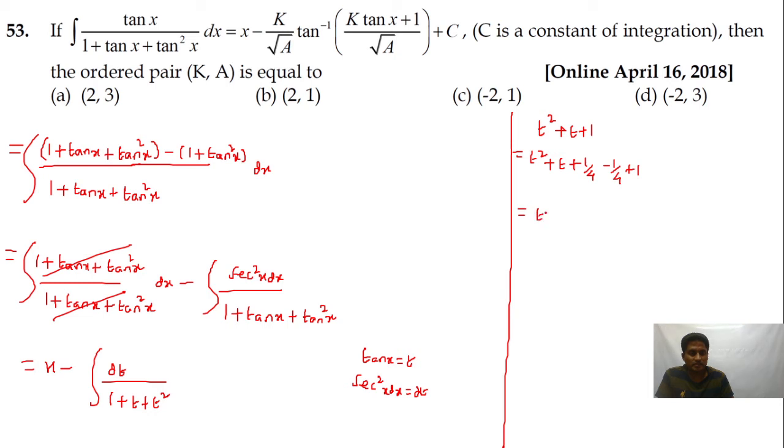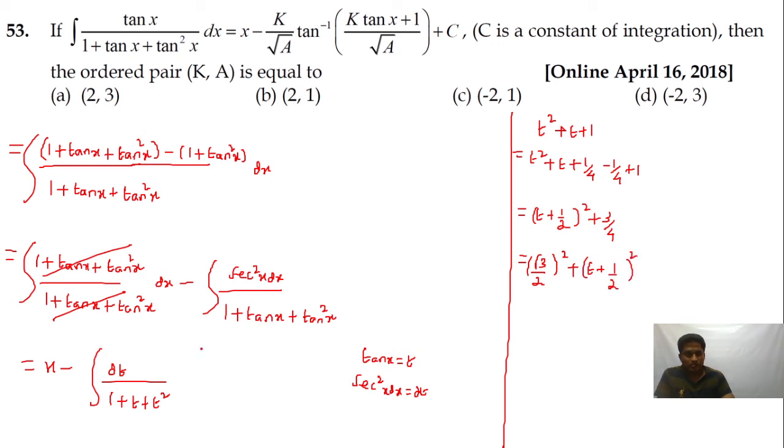First three terms is t plus half the whole square, plus 3 by 4. So 3 by 4 can be written as root 3 by 2 the whole square, plus t plus half the whole square.